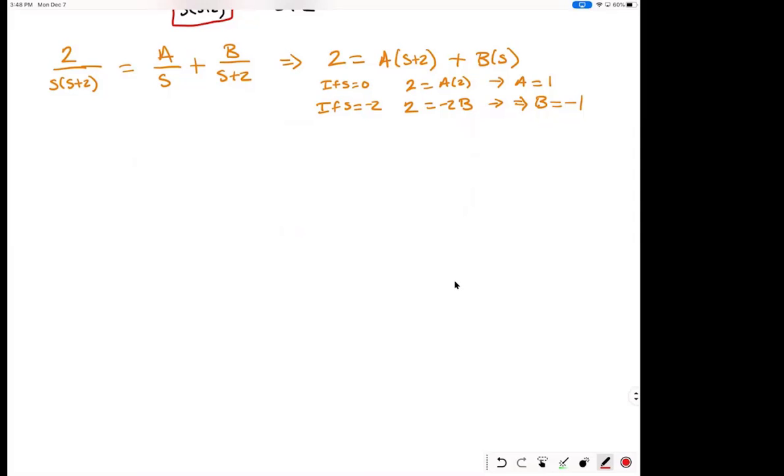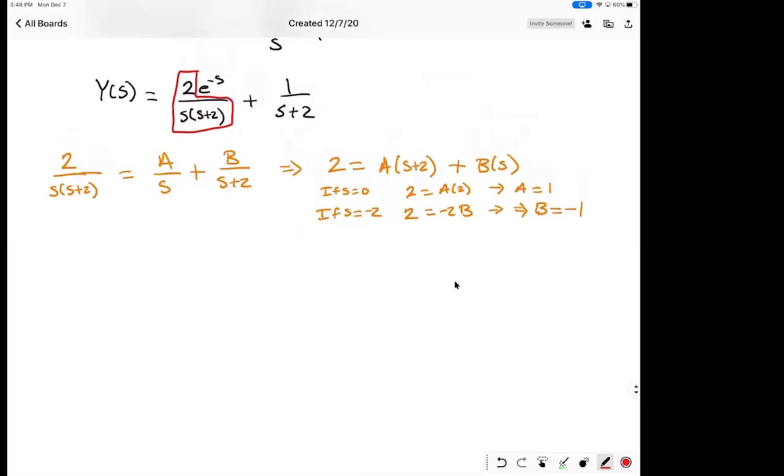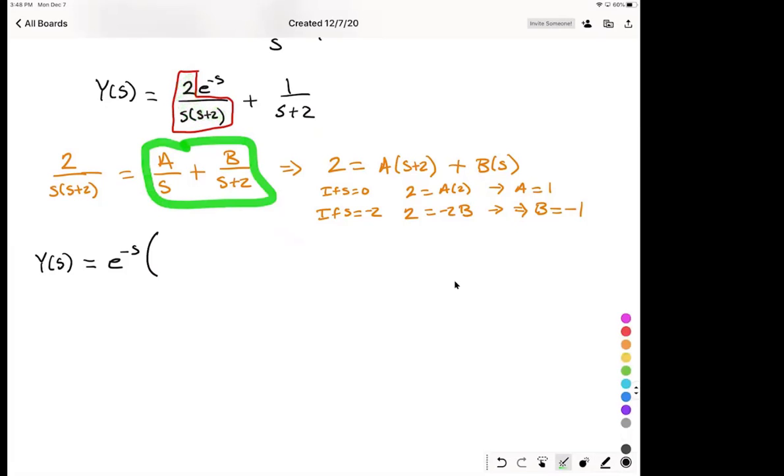All right, so what we'll do then is rewrite this now as y of s equals e to the minus s times the decomposition that we did here, which we found to be A was 1, so 1 over s.